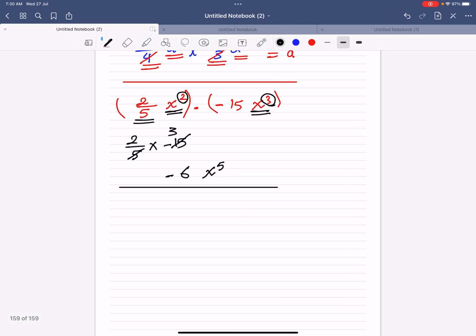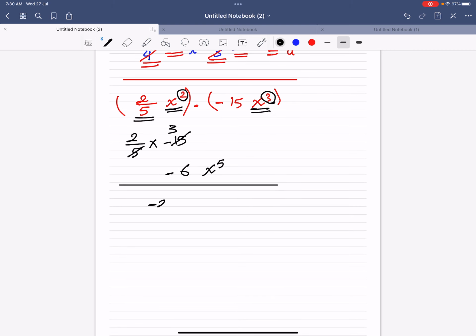If we get here another thing like -2 x power 2 y multiply by 3xy power 2. What I want to do right over there is multiply -2 times 3, it will be -6. What about this?